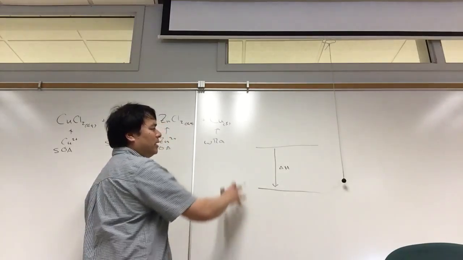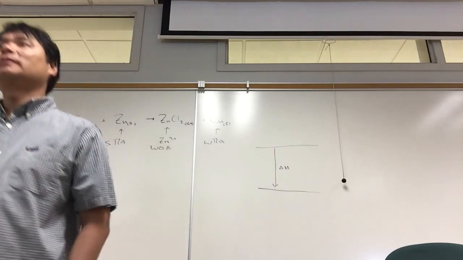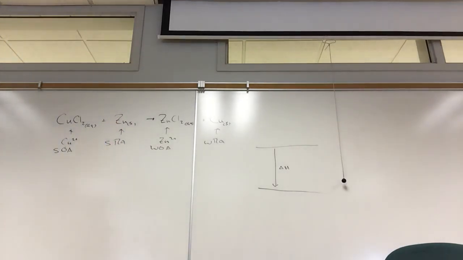What's the difference between an enthalpy diagram like this and a reaction coordinate diagram? You heard of a reaction coordinate diagram? No. A reaction coordinate diagram is involved with kinetics. Thermodynamics tells you if there's a driving force, but does it give us any information about how long it's going to take for this reaction to occur?